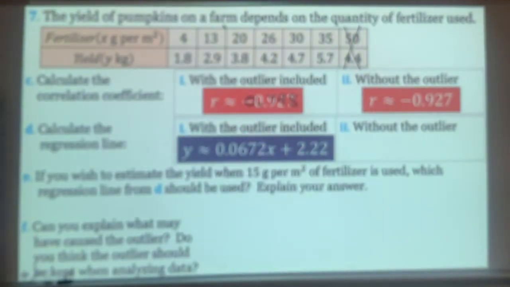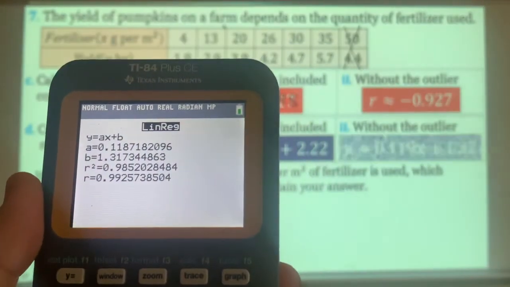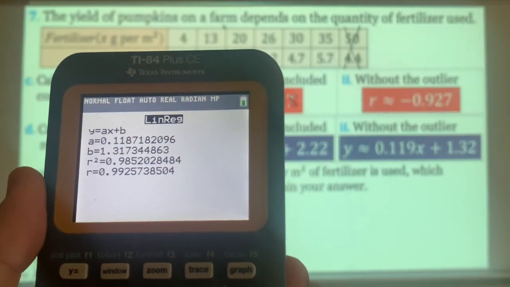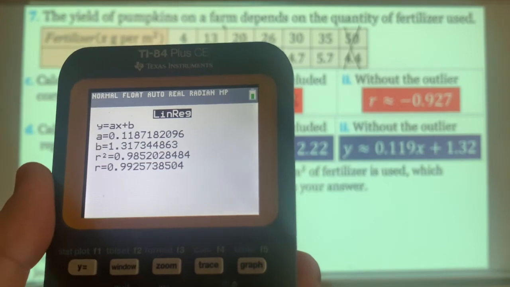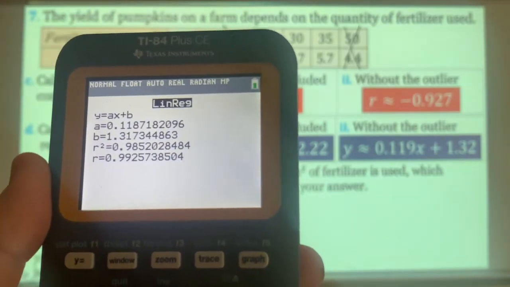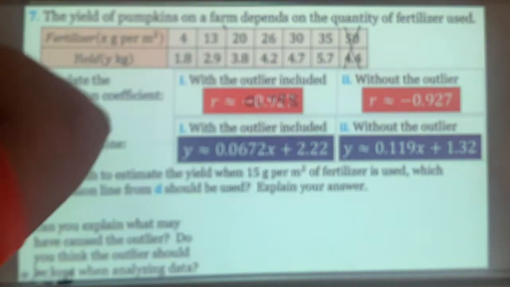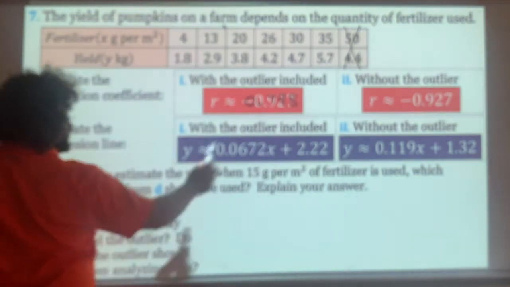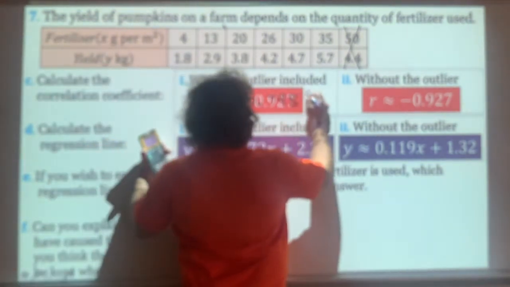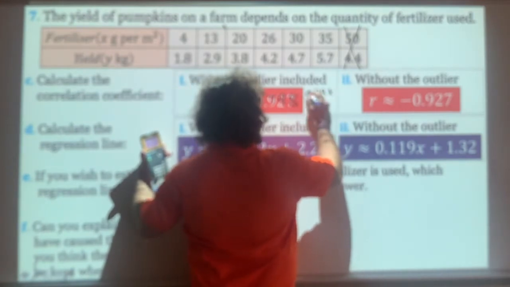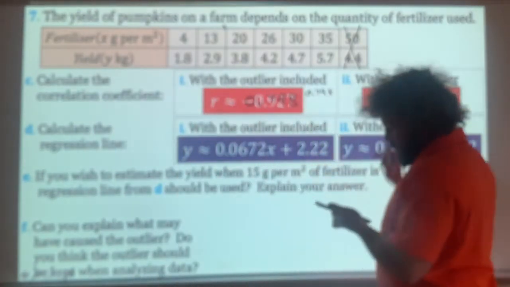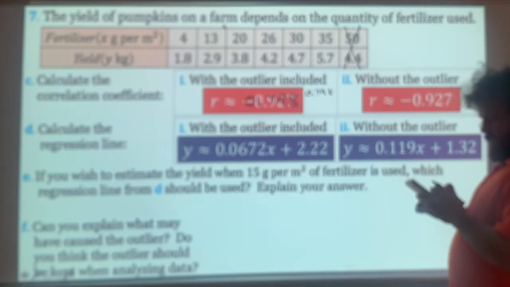All right, so my regression line now, y equals 0.119x plus 1.32. All right, so this is 0.798. And then this one was so good, I just lost it.